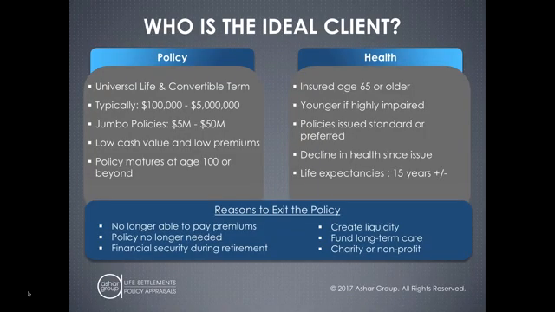So who's the ideal client? From a policy perspective, we work with every type of policy out there. However, 90% of them seem to be a universal life or a convertible term that's convertible to universal life. And that can be convertible to an index universal life, a guaranteed universal life, a survivorship with 2 lives, any type of policy we can work with.